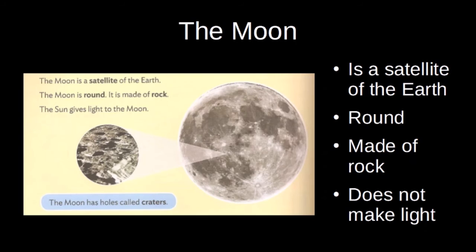And the sun is a star, so it also makes light. And in our picture, we can see that the moon has holes called craters. So those are those holes, those divots. Remember, the moon is made of rock, so it's very rocky. It's not smooth.